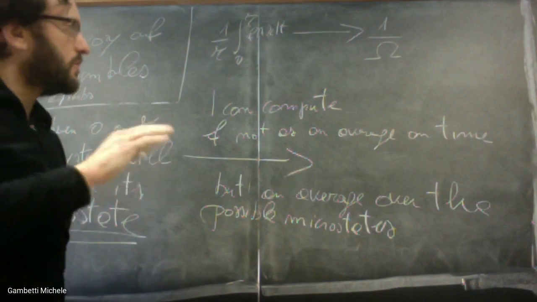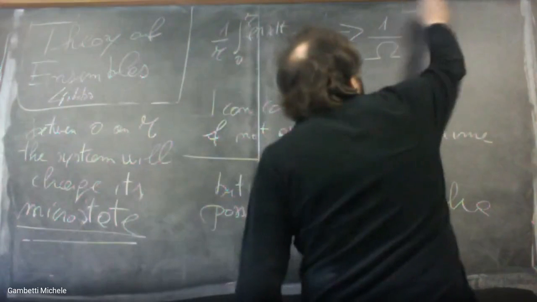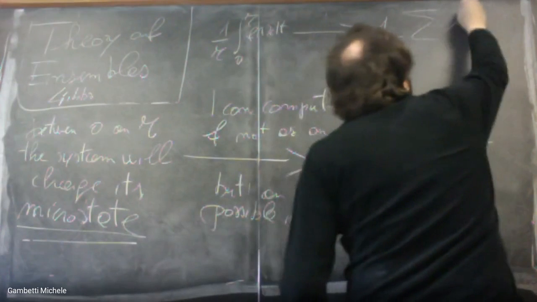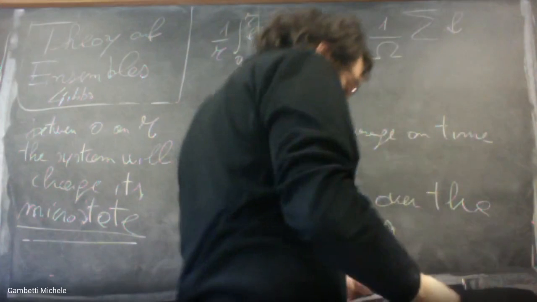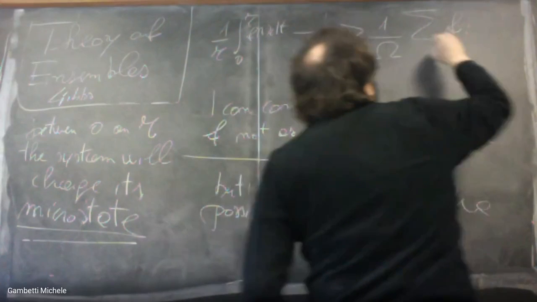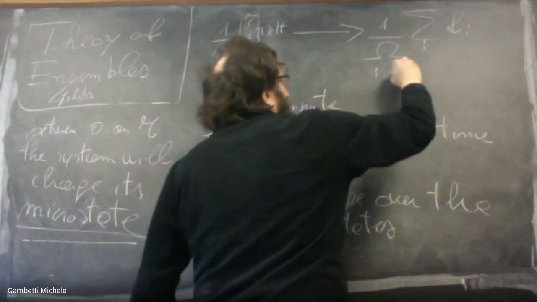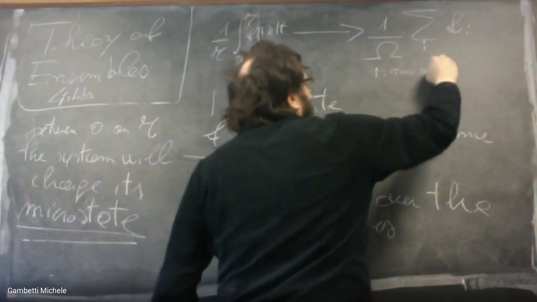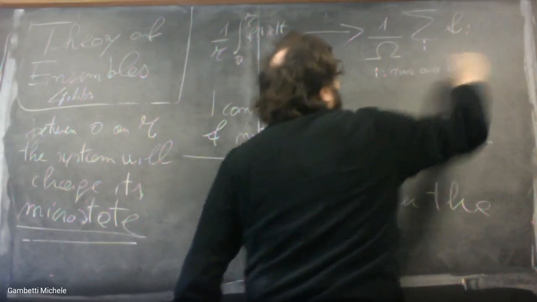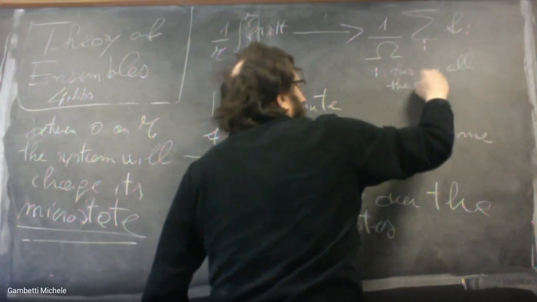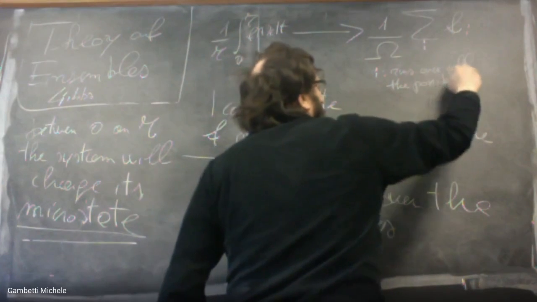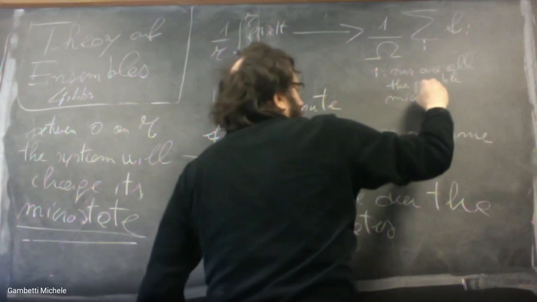Then I have a sum over F of E, where E runs over all the possible microstates.